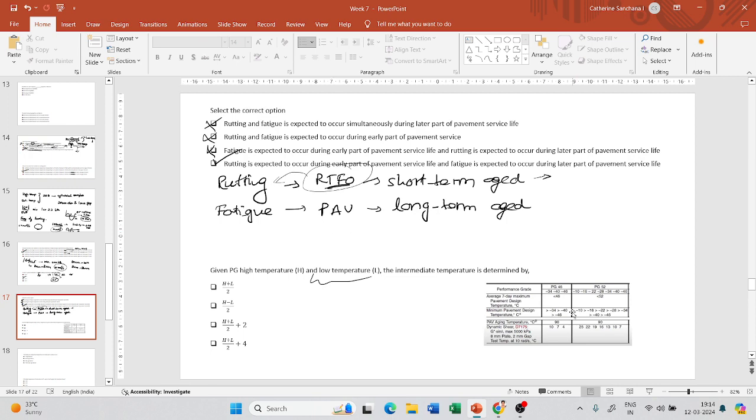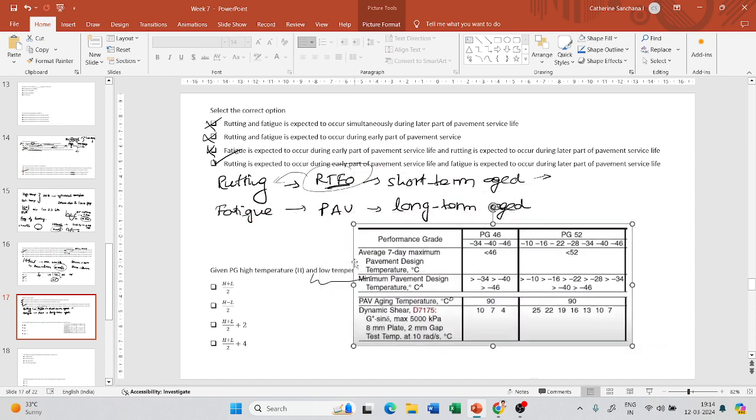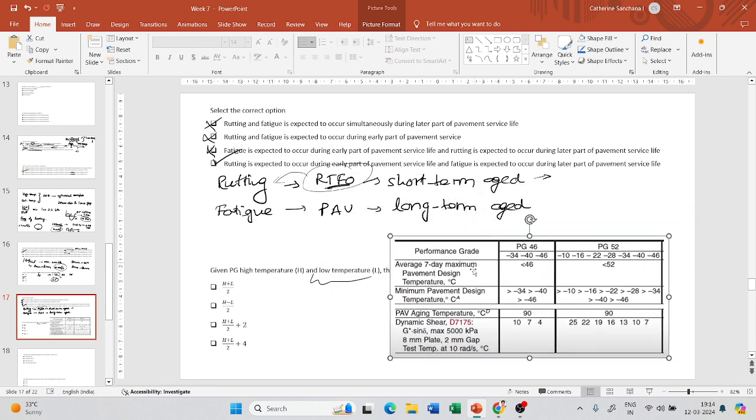Okay. So we have been given 4 options, and there is this table which shows you the high temperature of the place, the minimum temperature of the place, the average 7-day maximum temperature of the place, and the intermediate temperature of the place.